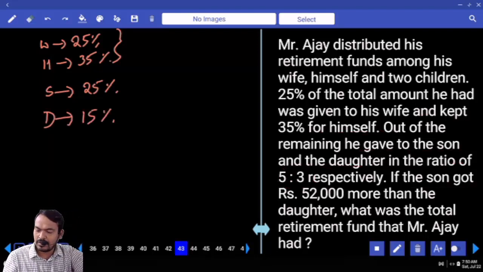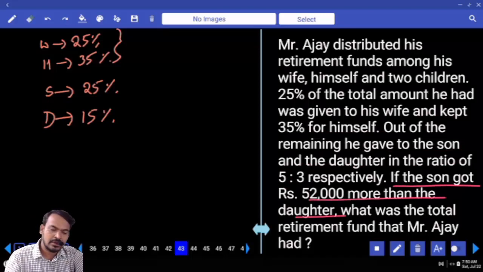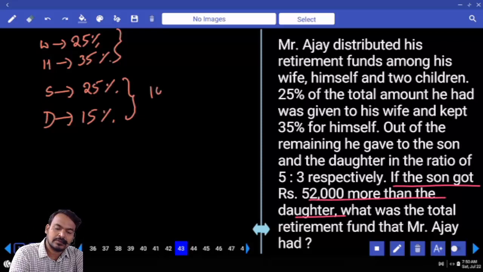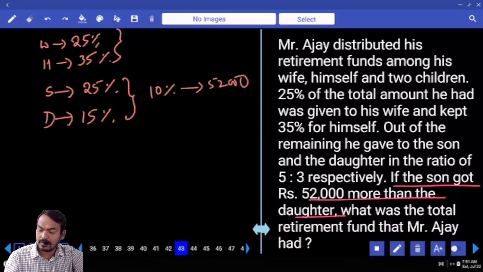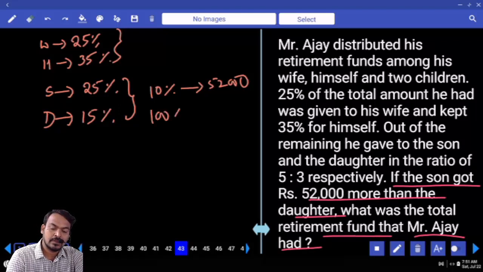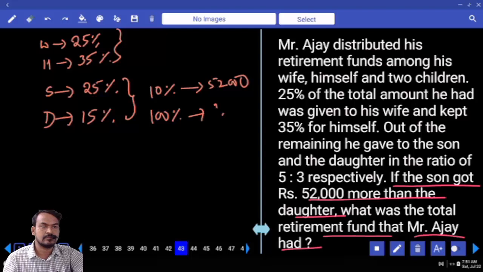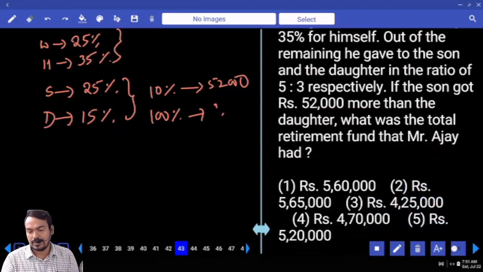The condition given is that the son got 52,000 more than the daughter. What is the difference? 10%. That is equal to 52,000. But we required Mr. Ajay's retirement fund, means how much percent do we need? 100%. What is the answer? 5 lakhs 20,000.